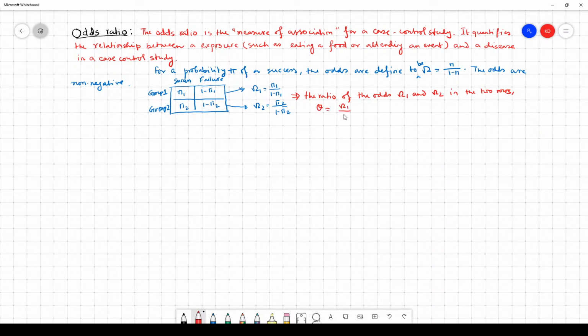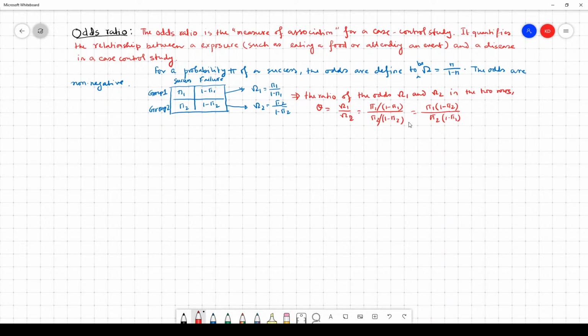So this is equal to pi 1 by 1 minus pi 1 divided by pi 2 by 1 minus pi 2. So this should be pi 1 into 1 minus pi 2 by pi 2 into 1 minus pi 1.